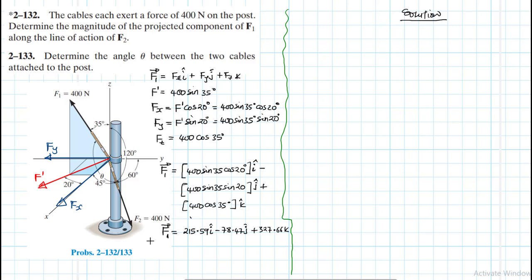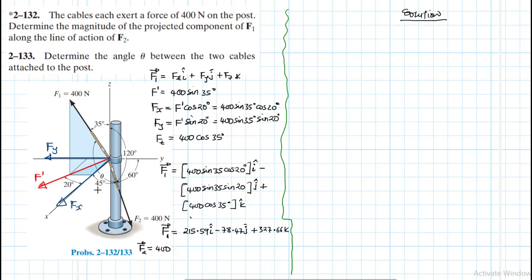So let's do the same for F2. We convert it to a force vector. The reason we are converting that is we want to use the same information to get a unit vector along the direction of force vector 2.